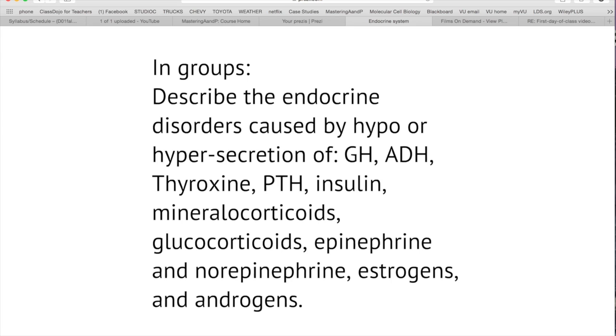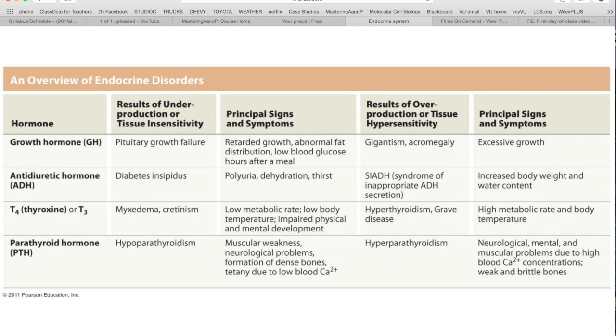Then you don't have a group, so you've got to do this on your own, but you're going to describe the endocrine disorders caused by hypo or hypersecretion of growth hormone, ADH, thyroxine, PTH, insulin, mineralocorticoids, glucocorticoids, epinephrine and norepinephrine, estrogens, and androgens. So we'll start with growth hormone.